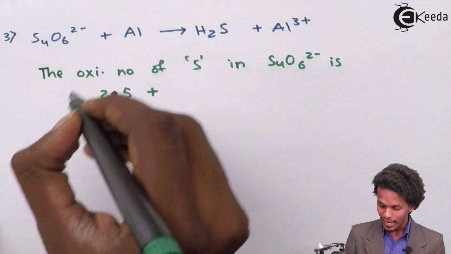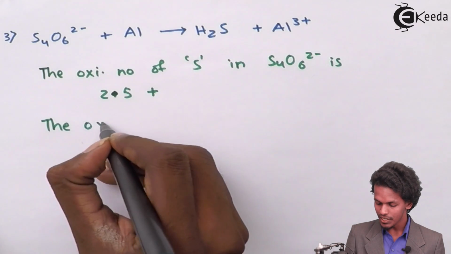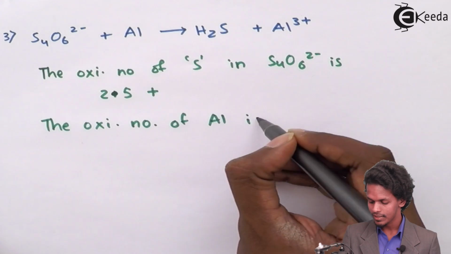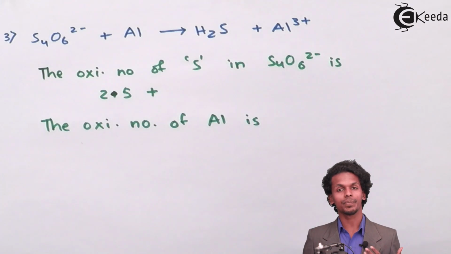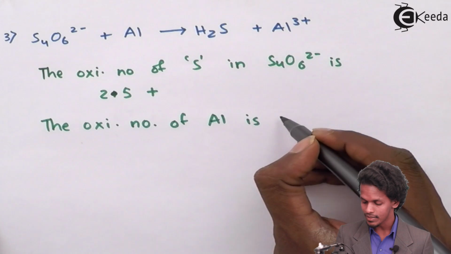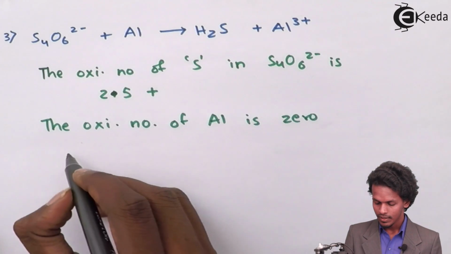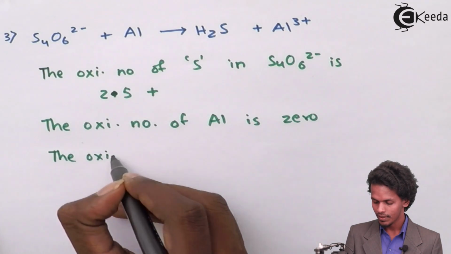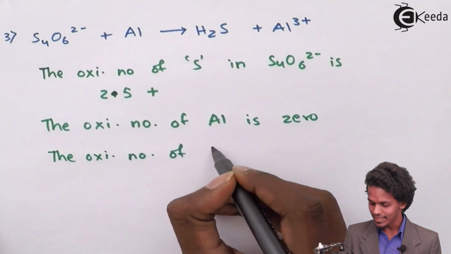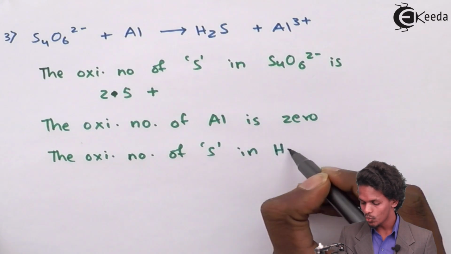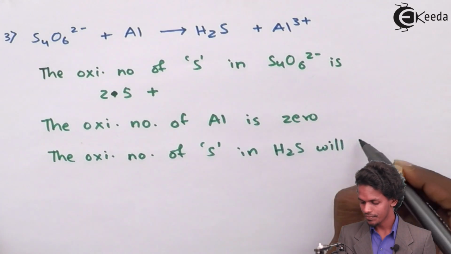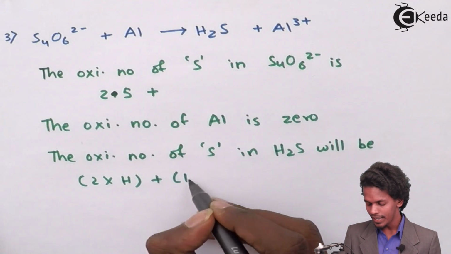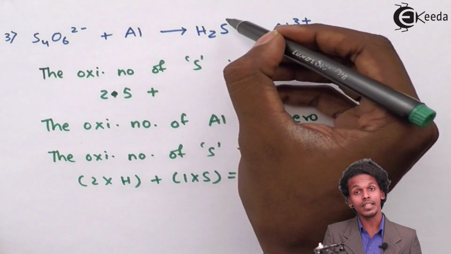So now for aluminium, in this case, because there is no charge present on it, I could consider the oxidation number as 0. Now the oxidation number of S in H2S will be 2 into H plus 1 into sulfur, and the overall charge present on it is 0.